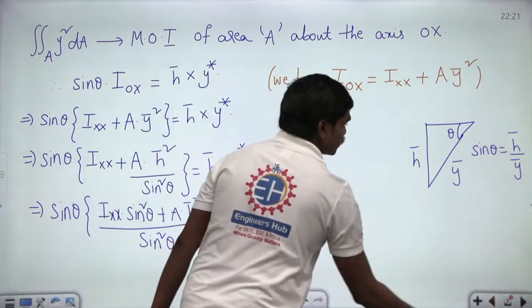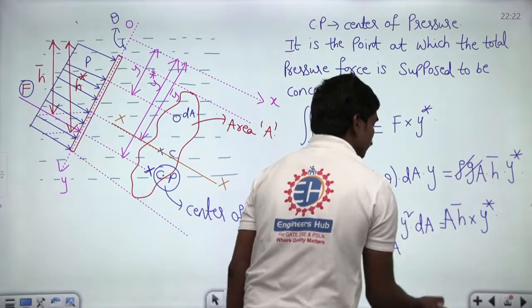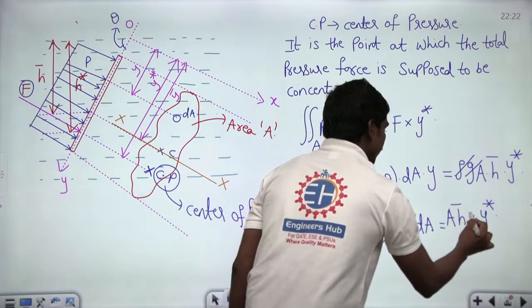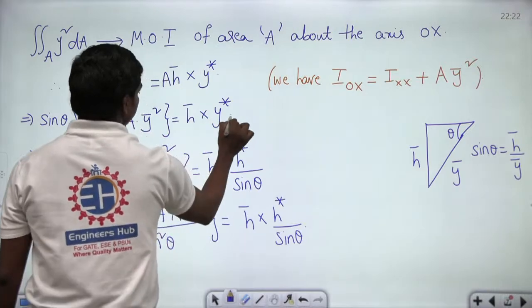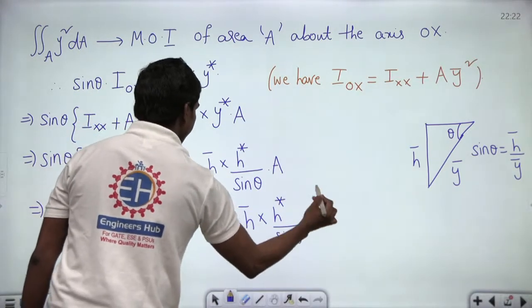Correct? So similarly here, this is A h bar, there is one more A here which we left, I am sorry for this. So there is one A here. So similarly there will be one A coming at every location here, and of course here into A. This is what we will get.